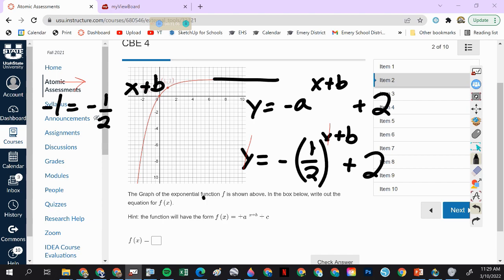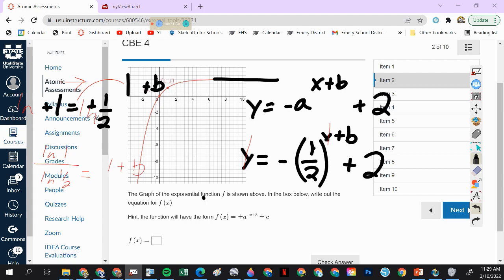Oh, x is supposed to be 1. 1 plus b. What should I do? I need to multiply or divide by negative 1. Basically, flip the signs. Now I can ln and drop that. And I get the ln of 1 over the ln of 1/2 equals 1 plus b.